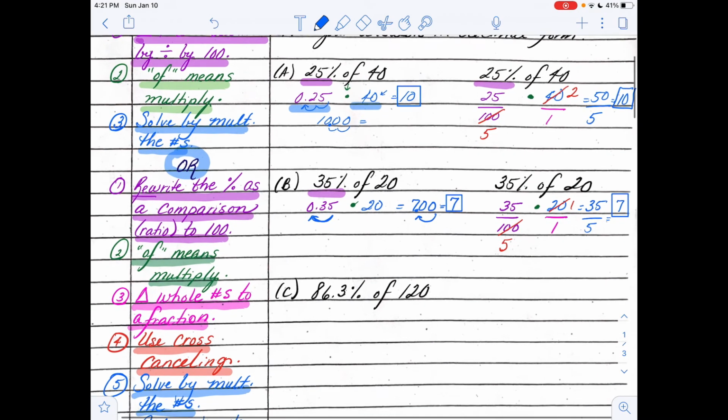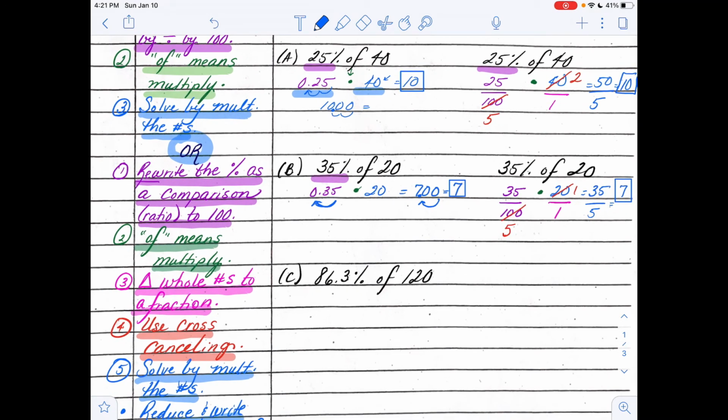Now the last one we're looking at here, I really don't want to use the ratio because there's a decimal. To me, it's a little harder. Could you still do it? Absolutely. But let's look at this one. Taking that 86.3% and turning it to a decimal, that would be 0.863.